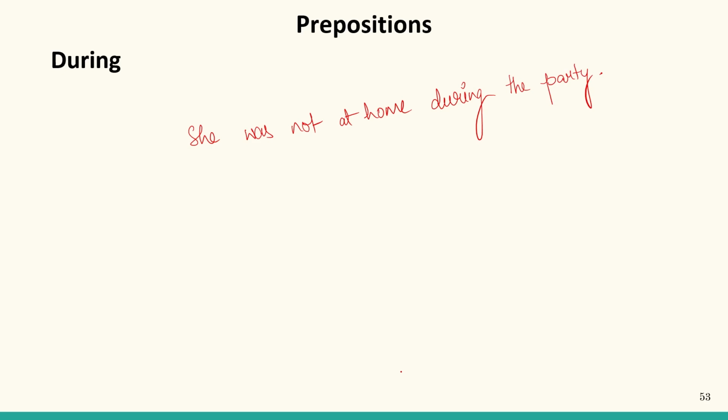Now, in the time of, or at the span of time in which the party was going on, she was not home. It means she was not there during this particular time. So during shows the span of time. There we use the preposition during.